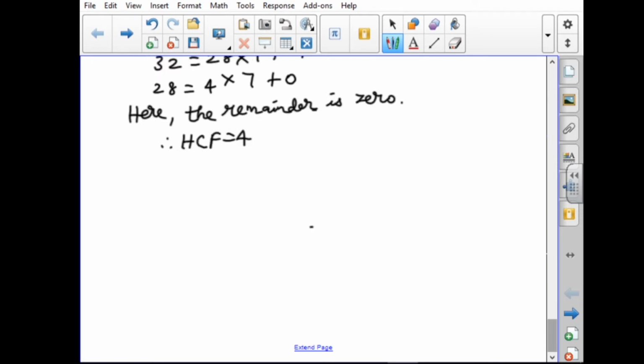But the question they have given: if D is the highest common factor of 32 and 60, so here D is also 4. D equals 4. The second condition they have given, D equals 32x plus 60y. The second condition you have to follow.